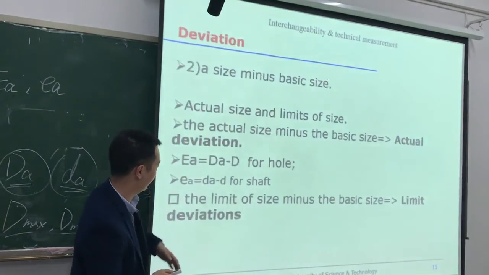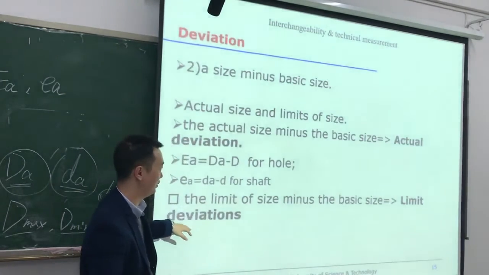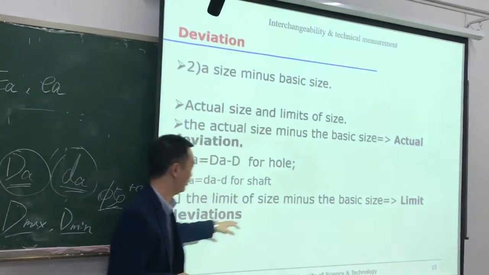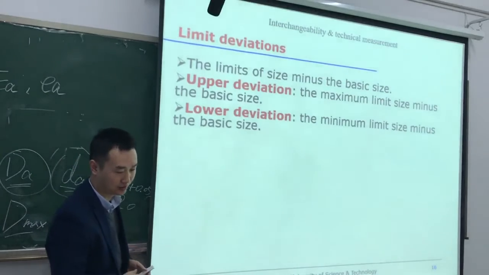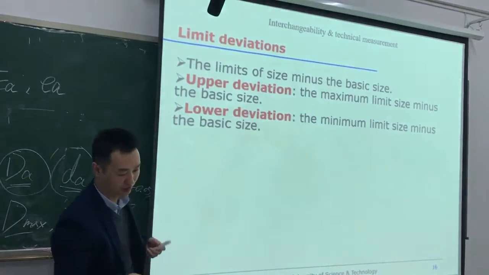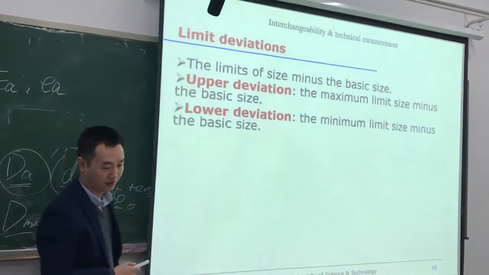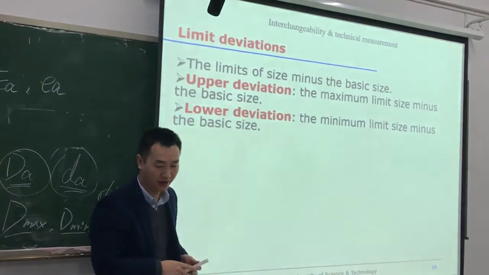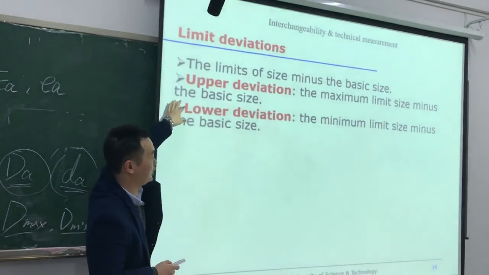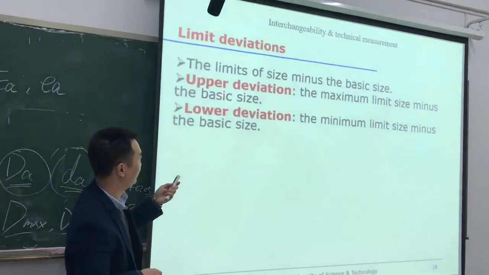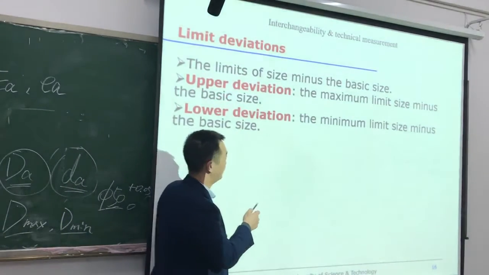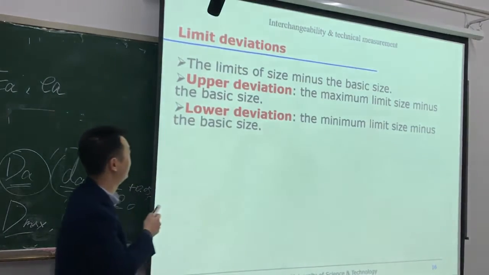So we just talked about the limit deviation. Normally we don't call it a limit deviation. We have two terms to talk about it. The limit of a size minus the basic size gives two deviations. The first one is the upper deviation: the maximum limit size minus the basic size.